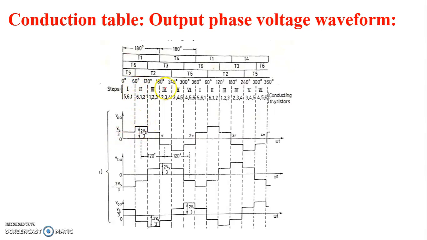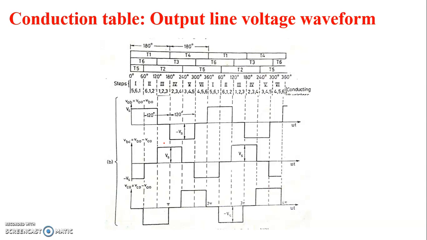Then during 60 to 120 degree, the VA0 value is 2 Vs by 3. And during 0 to 60 degree, the VB0 value is minus 2 Vs by 3. During 0 to 60 degree, the VC0 value is Vs by 3. So by finding all the values in the equivalent circuit, we are drawing the output phase voltage waveform. So next is the output line voltage waveforms.